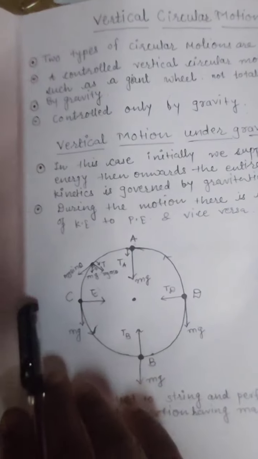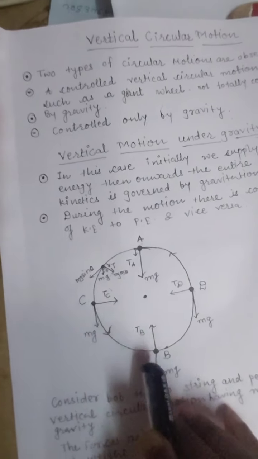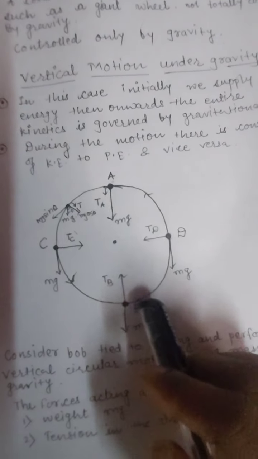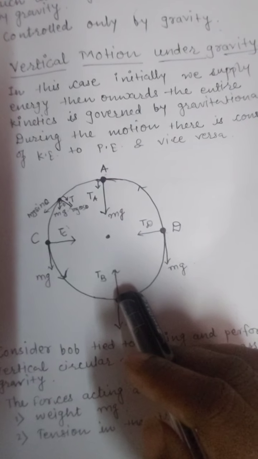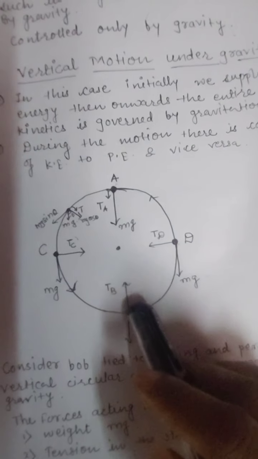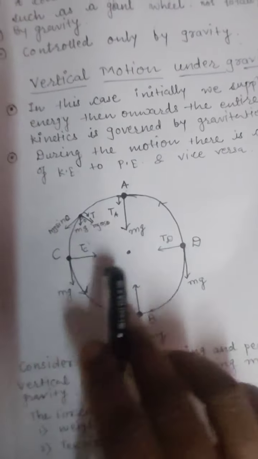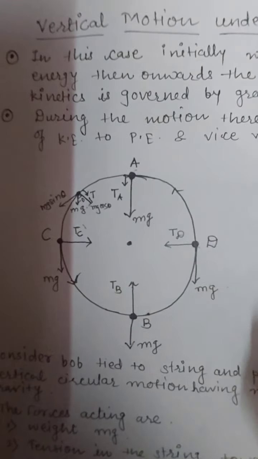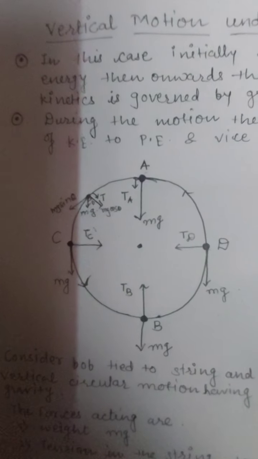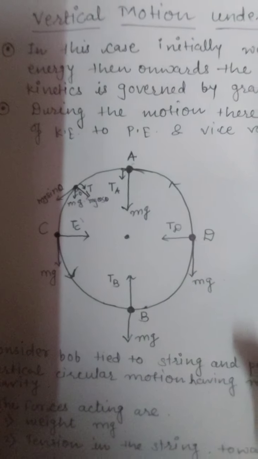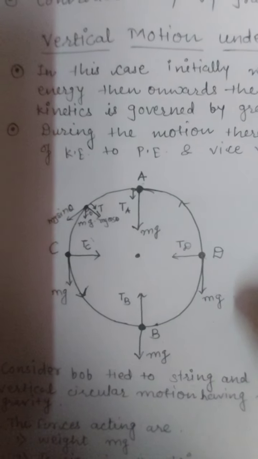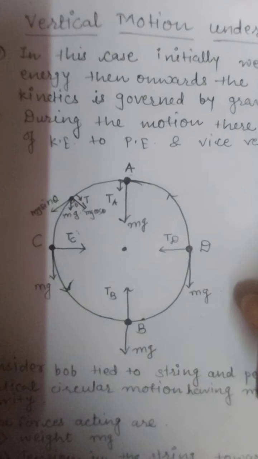At the position B, its weight mg is acting vertically downward, and the tension in the string is acting vertically upward, that is towards the center. So the tension in the string and the weight mg are opposite to each other. The resultant force is the vector sum of these two, and it is towards the center.